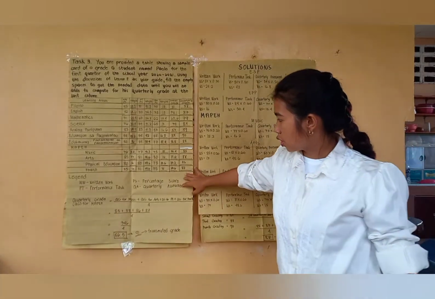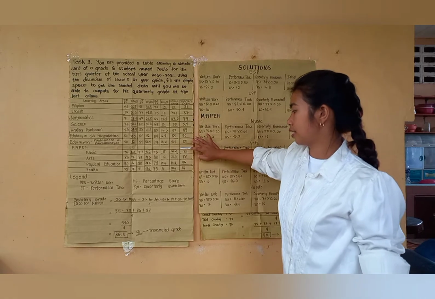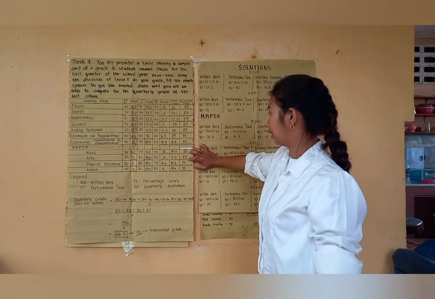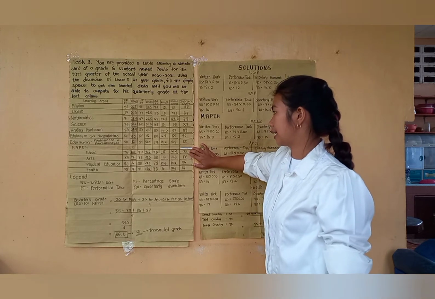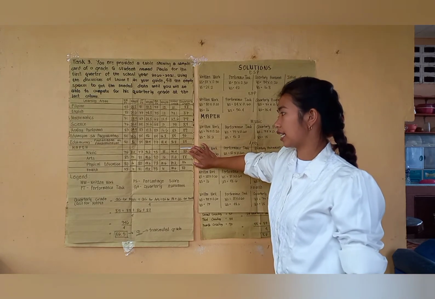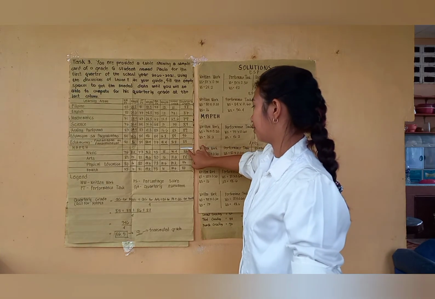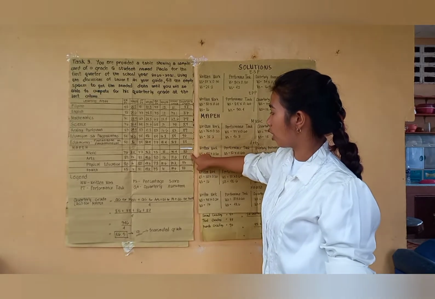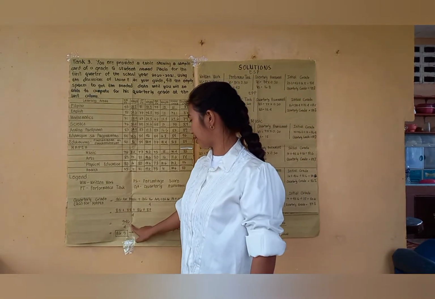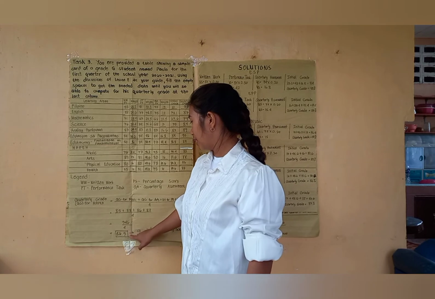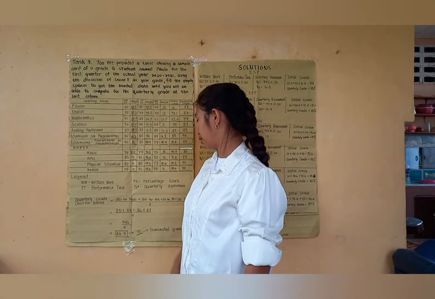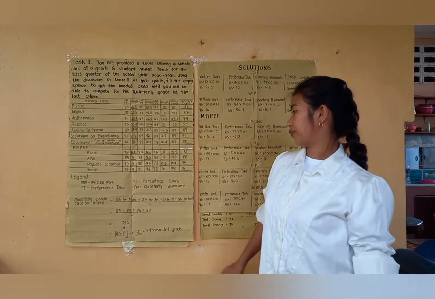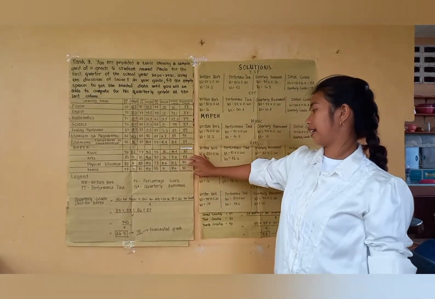And to find the transmuted or the quarterly grade of MAPEH, we only add all the grades in MAPEH: music, arts, physical education, health. So we add 85, 88, 86, and 87, which equals 346, divided by 4. The result is 86.5. So 91 is the transmuted grade. So the quarterly grade of MAPEH is 91.